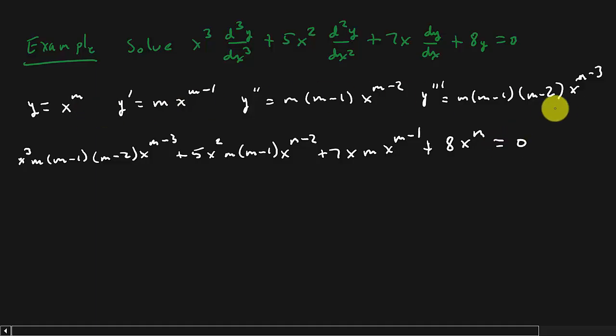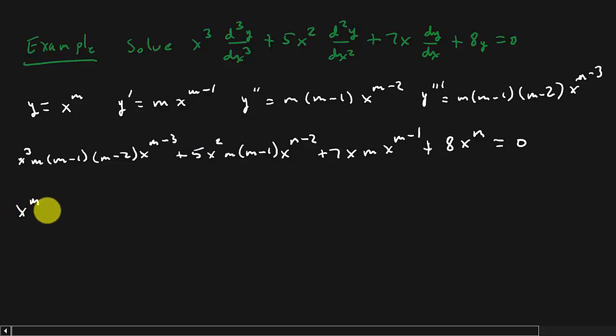So we just plugged each of those in for those derivatives up there. And once again, remember the x cubed and x to the negative 3, that goes to 1. I'm factoring out x to the m.